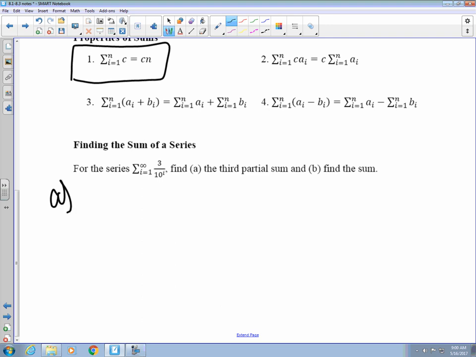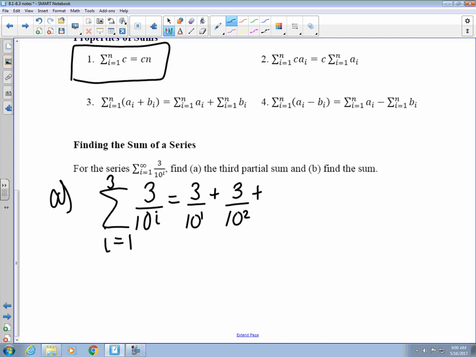So the third partial sum would look like the sum from i equals 1 to 3 of 3 over 10 to the i. So 3 over 10 to the first plus 3 over 10 to the second plus 3 over 10 to the third is our partial sum. 3 over 10 to the first is 3/10, or 0.3. 3 over 10 to the second is 3/100.